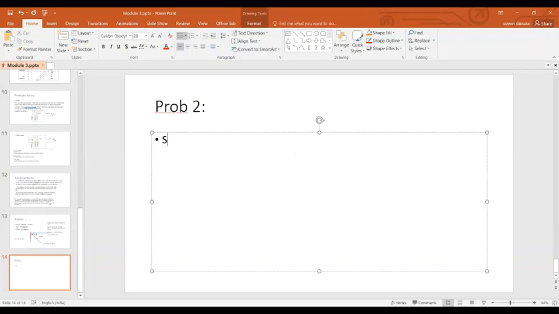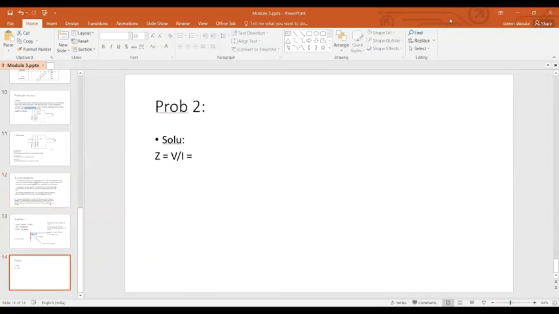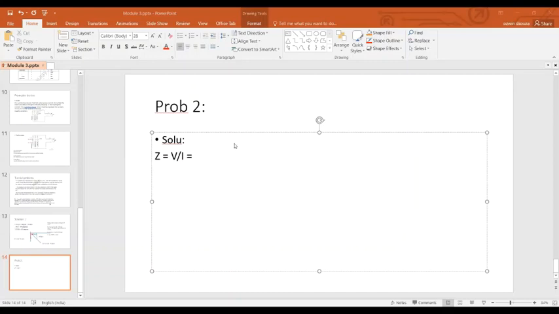Solution. You can firstly find out the impedance, V by I. You are given the voltage value, which is 230 volts, divided by the current 2 amperes.